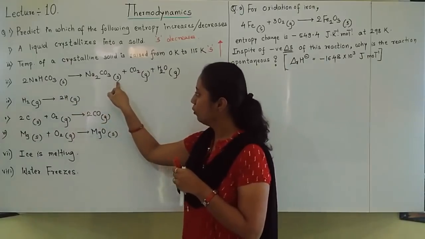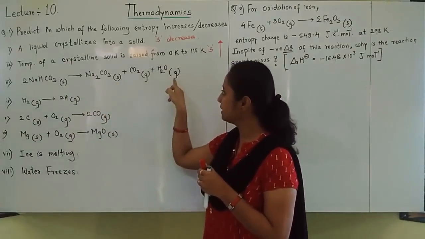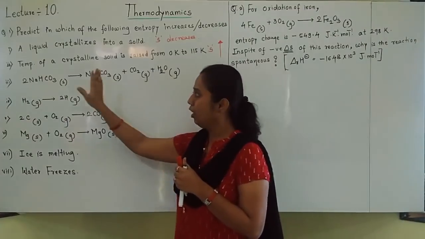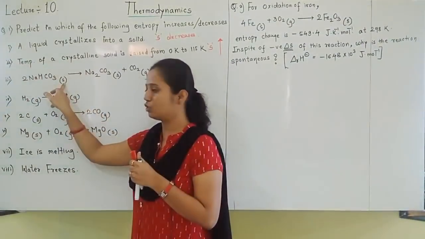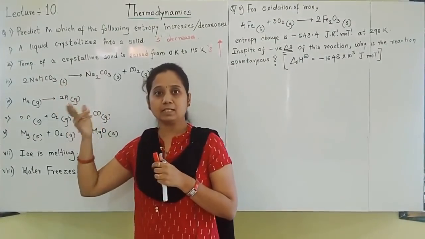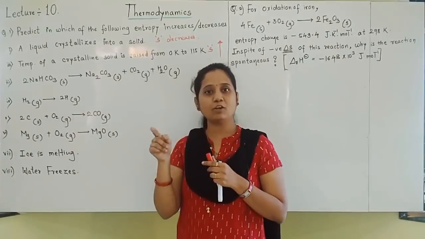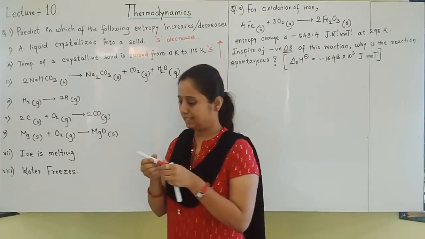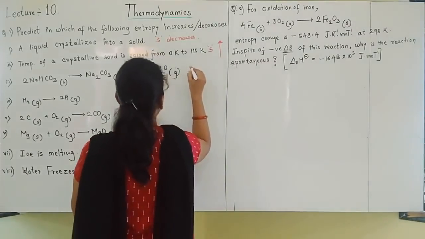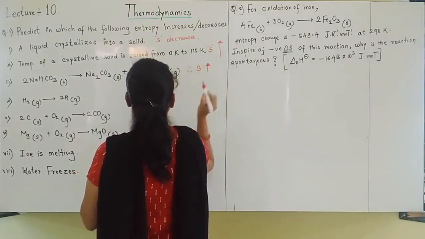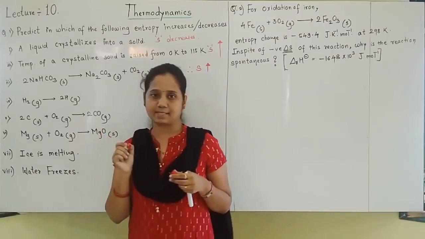But among the products, one is solid, one is gas, and another is also gas. So all reactants were initially solid, but the products formed are even gaseous. Means solid got converted to gas, and that's why entropy increases.